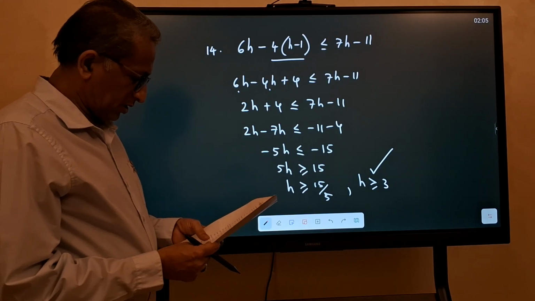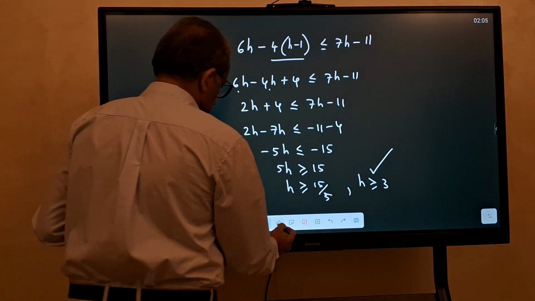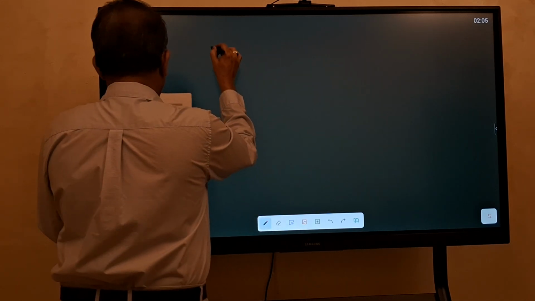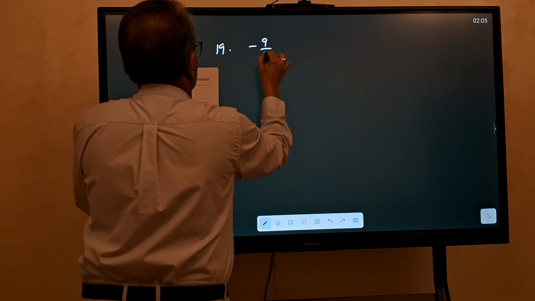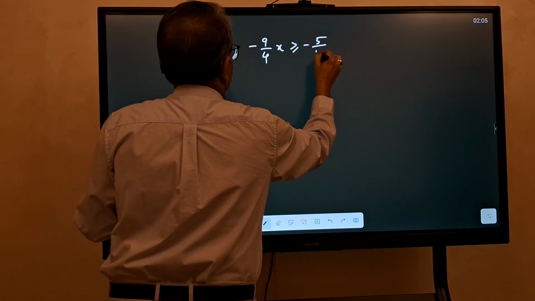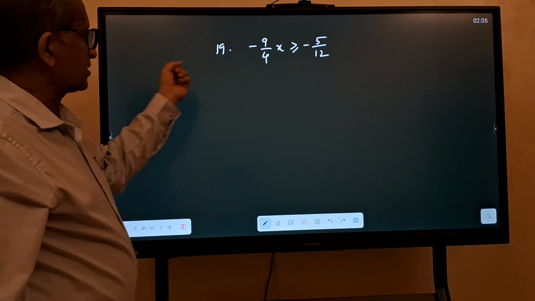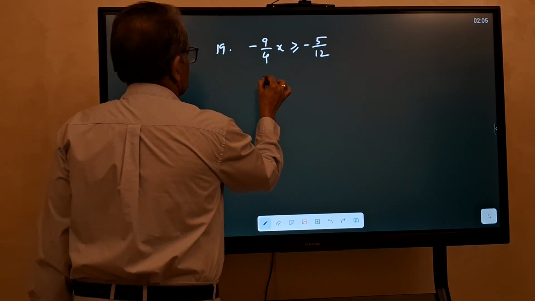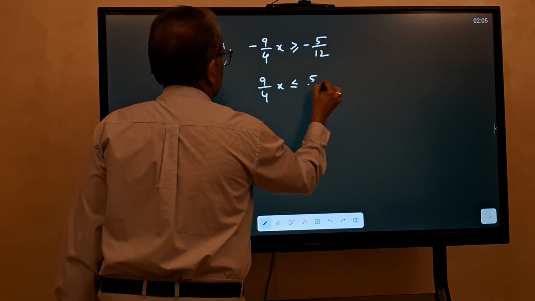So like the same thing, all questions are of the same type. Let's see number 19. Minus 9 by 4x greater than or equal to minus 5 by 12. You have minus, first cancel it. So 9 by 4x less than or equal to 5 by 12.